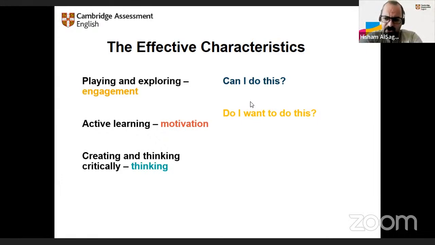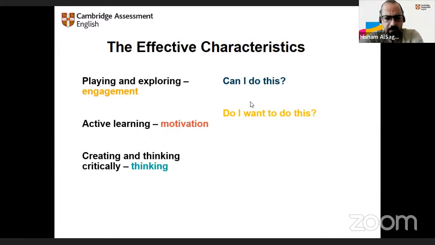So the concept of motivation is very much proportionate to other variables. So obviously, in the context of a classroom, it could be an idea, a theme, or a project that will increase that level of motivation. And finally, the third characteristic is developing that sense of critical thinking.